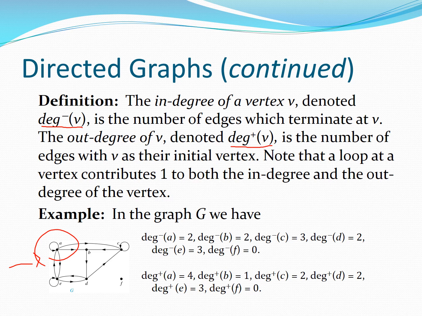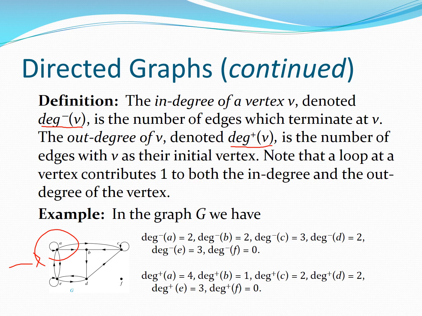Then you have an edge coming into A from E. So you have 1 in degree coming from the loop and 1 in degree coming from the vertex E. So the in degree of A is going to be 2.